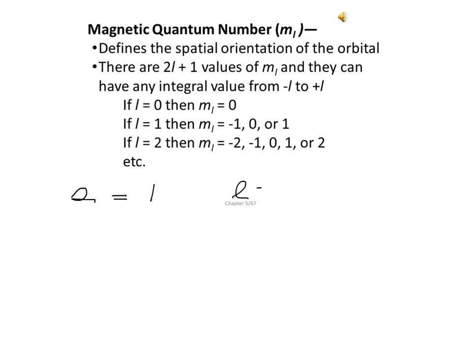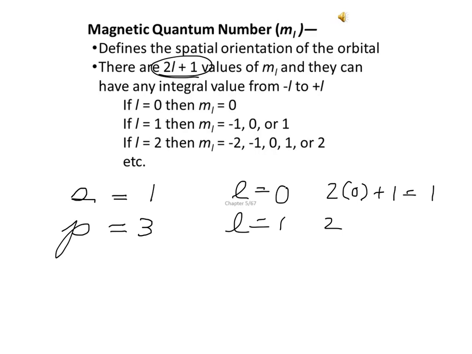Because L is equal to 0, and 2 times 0 plus 1 is 1. So you have 1 orbital. If you're in the P subshell, you have 3 orbitals. Why? Because L equals 1. 2 times 1 plus 1 is 3. If you're in the D subshell, you have 5 orbitals.